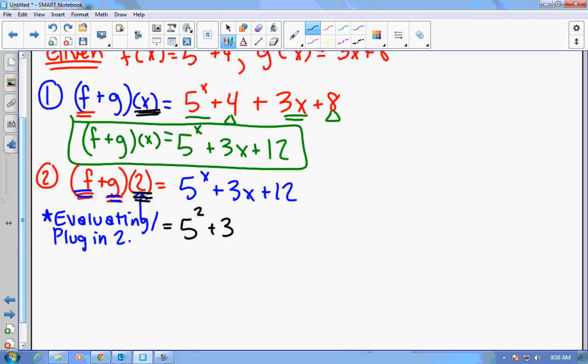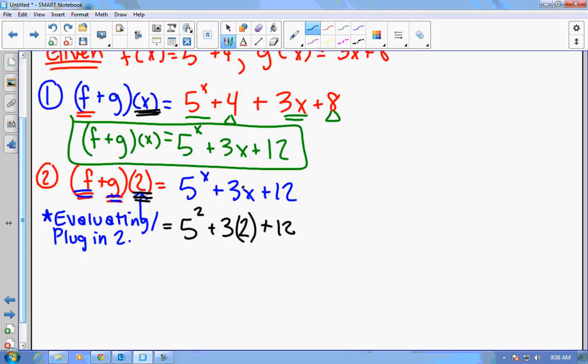Plus 3, does this become 32? By 3x, does that become 32 when I plug in a 2 for the x? This is 3 times x, right? So we get 3 times 2. It doesn't really matter. You just need to multiply them.